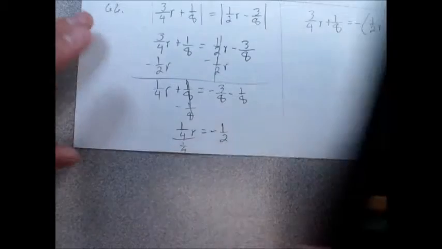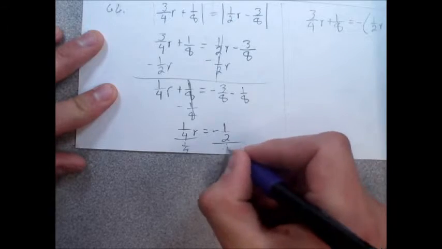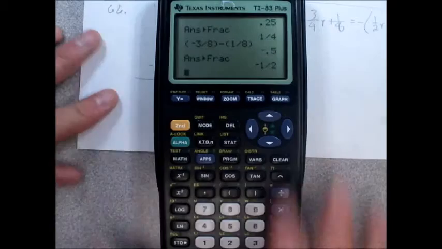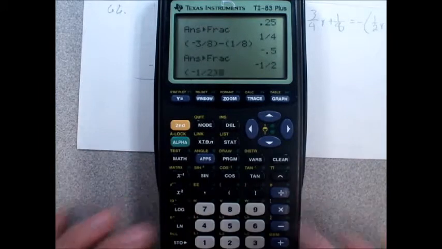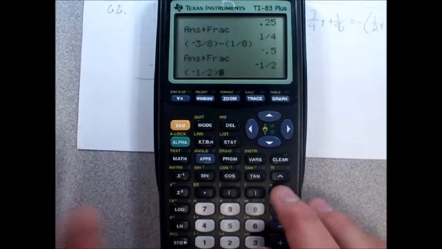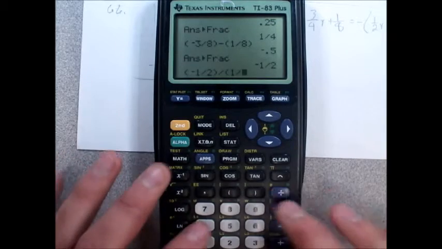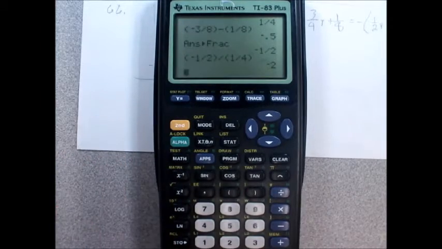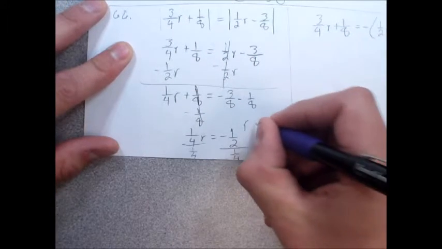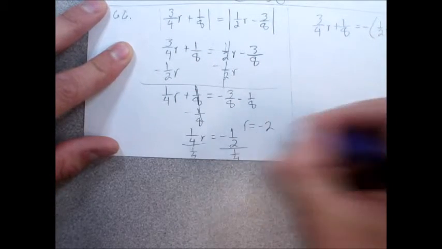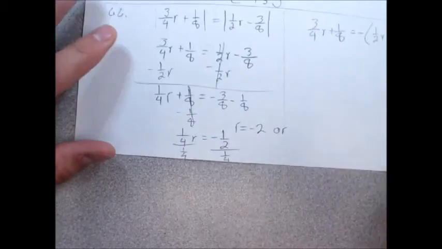But if I wanted to do this on my calculator and make my life harder because I hate fractions that much, I would take negative 1/2, type it in my calculator inside parentheses, and I would divide it by 1/4. Press enter, I get negative 2. Okay? So r in this case would be negative 2. Or whatever I get on this right hand side.